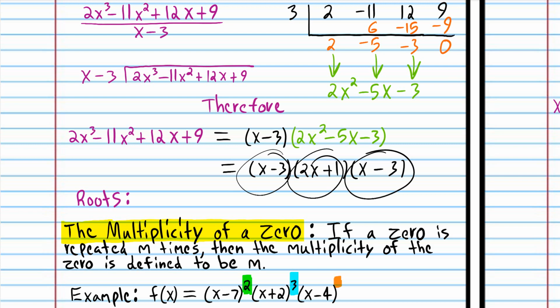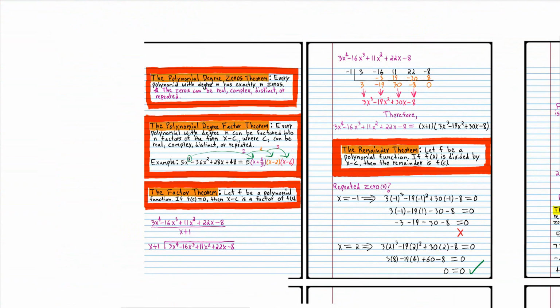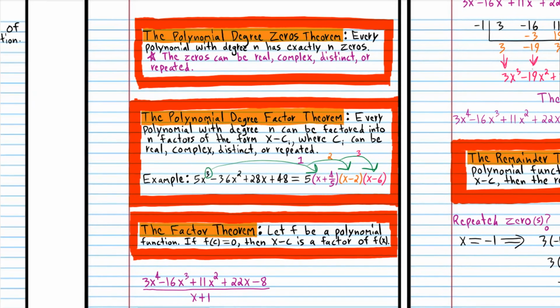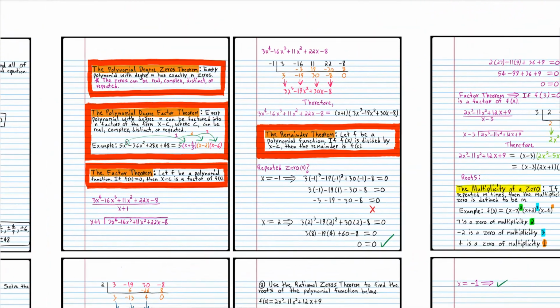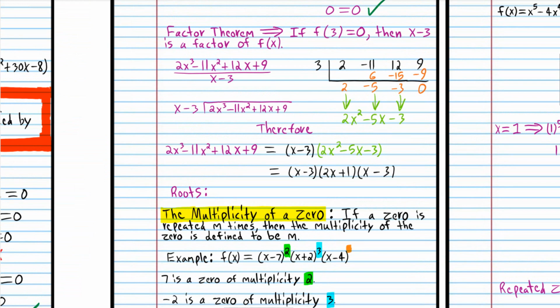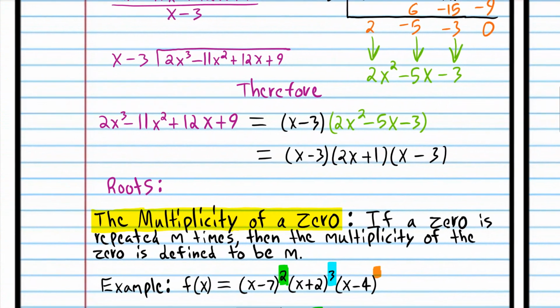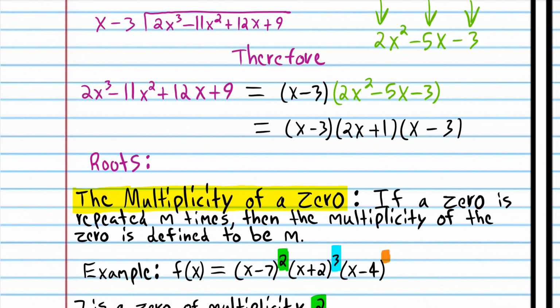So again, that's the polynomial degree factor theorem. If you have a polynomial of degree n, you can always factor to a product of n factors of this form.